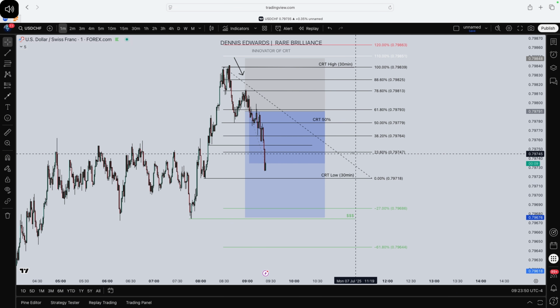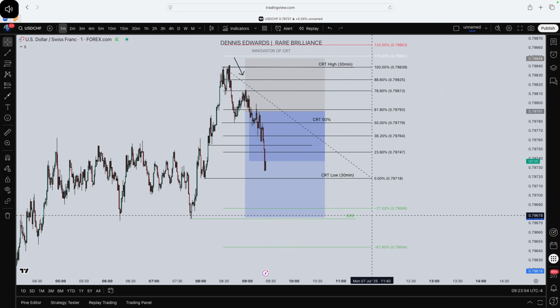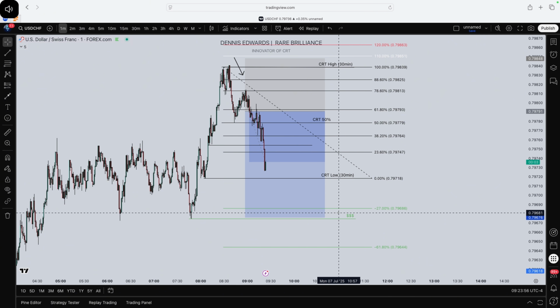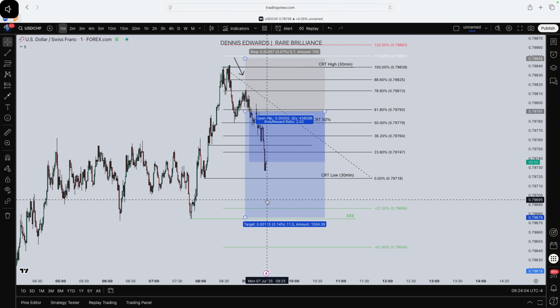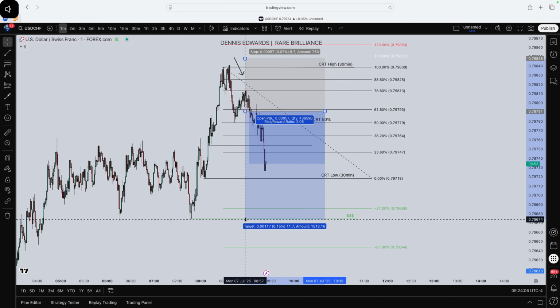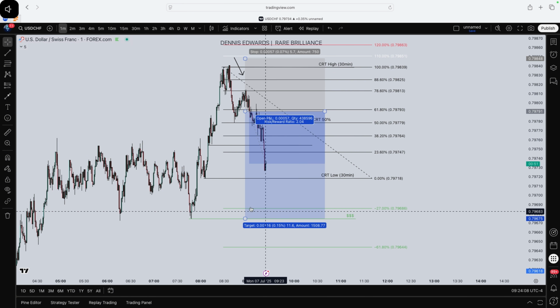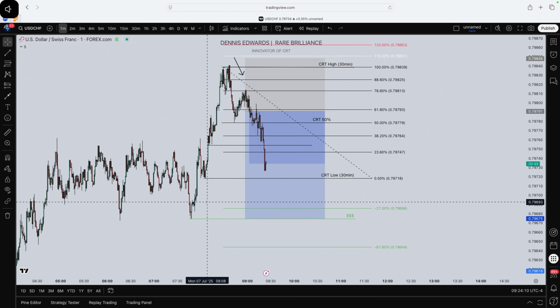Tapped into the 30%, the 50%. And also, our maximum area does line up with the negative 27% on the fib. So that's actually a pretty good confirmation that price could very well continue lower, and we could target this low here, our maximum sell side liquidity, so to speak.